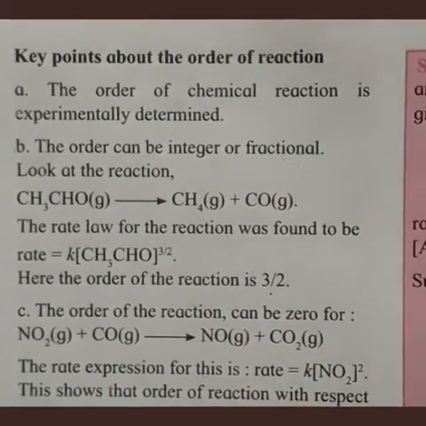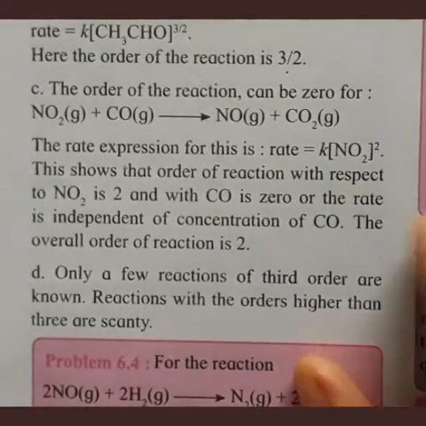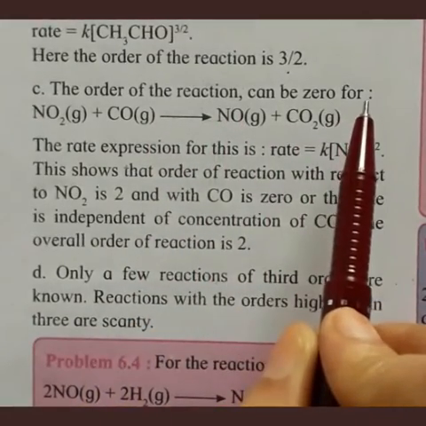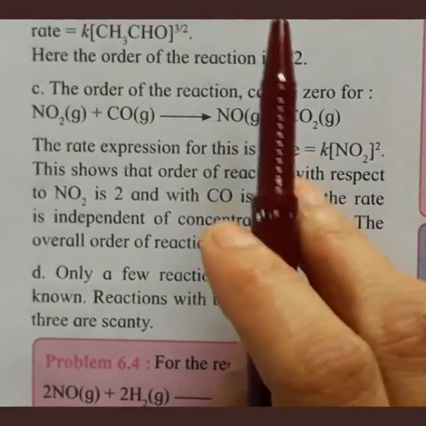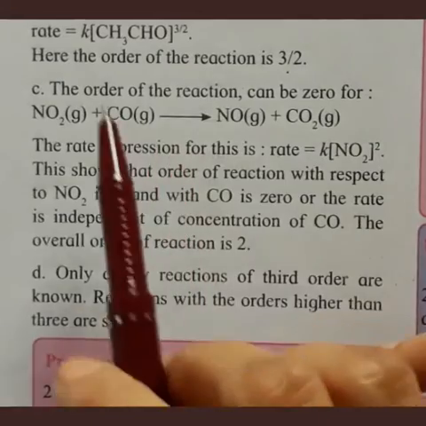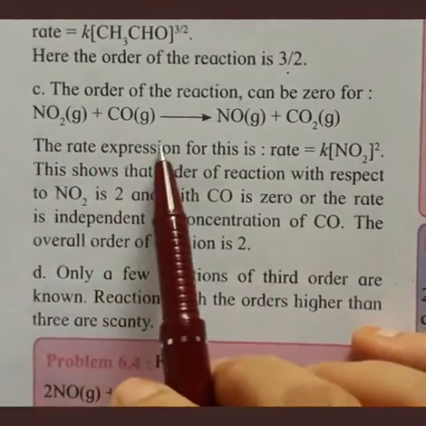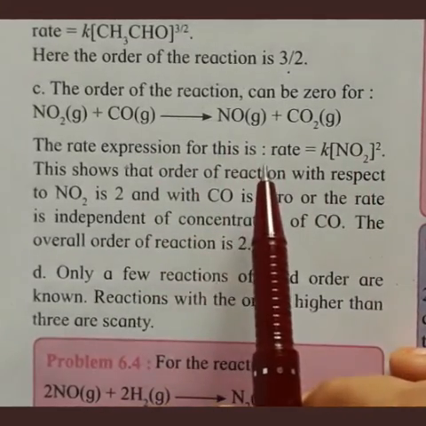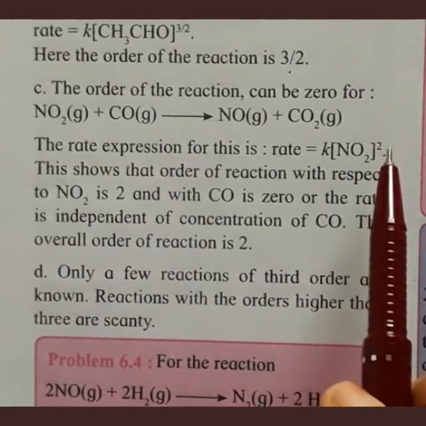Next, point number 3. See, the order of reaction can be 0. Understand? Same point we have seen above: order of reaction can be integer, that means integers include 0 also. So order of reaction can also be 0. NO2 plus CO gives us NO plus CO2. The rate expression for this reaction is rate is equal to K concentration of NO2 raised to the power 2.